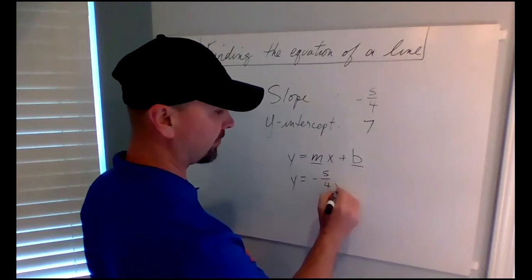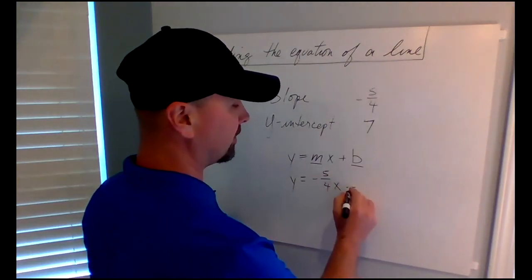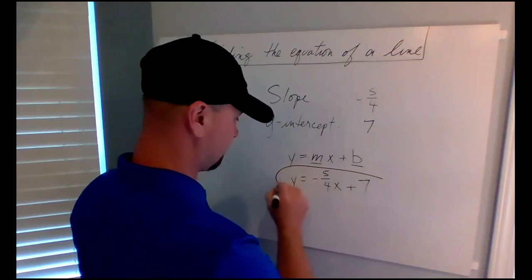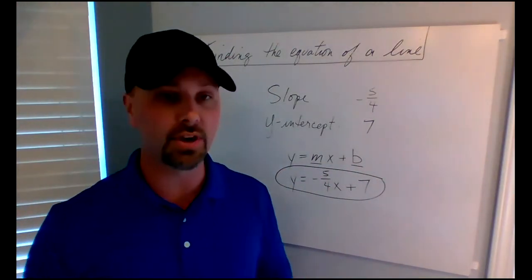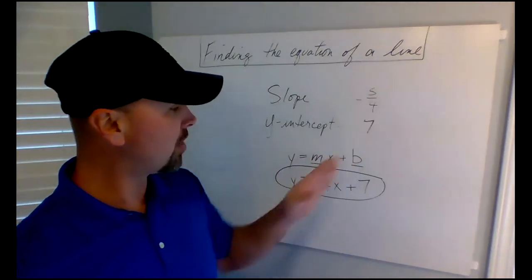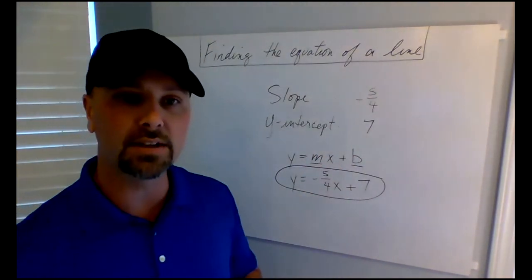Slope is -5/4, so -5/4x. The y-intercept is a +7. Let's just start with that: start with just knowing where they go and what it looks like once you put that into the form.